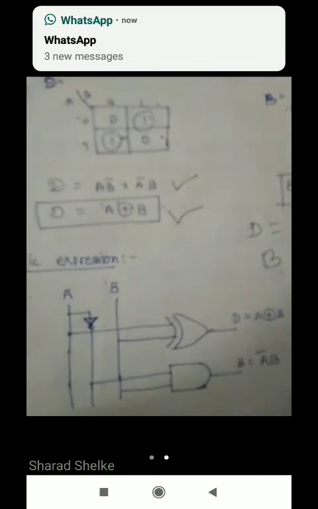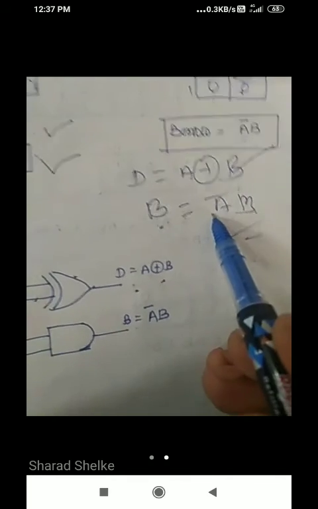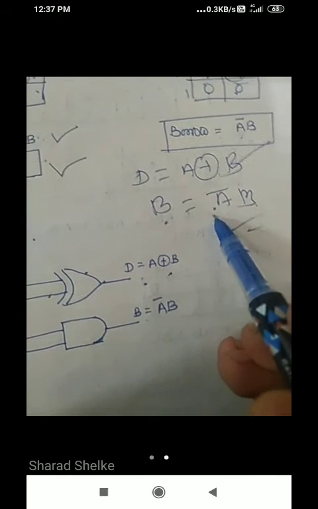From these two inputs, we are able to draw the logic diagram. So A and B are taken as they are into the XOR gate, which forms the difference D, A XOR B. But for the borrow, A bar is required. We have input A, but we do not have A bar.